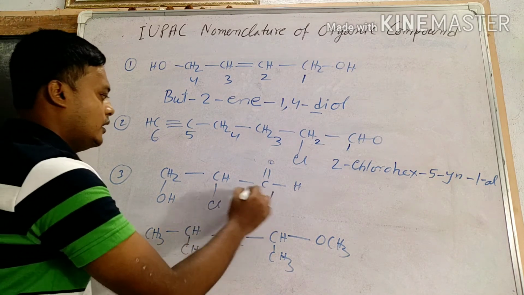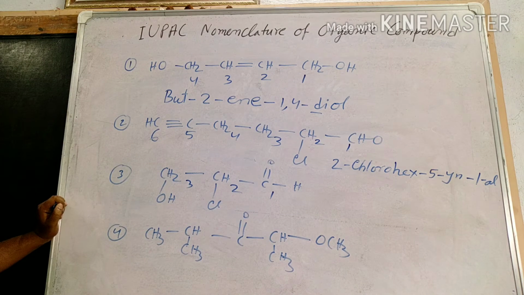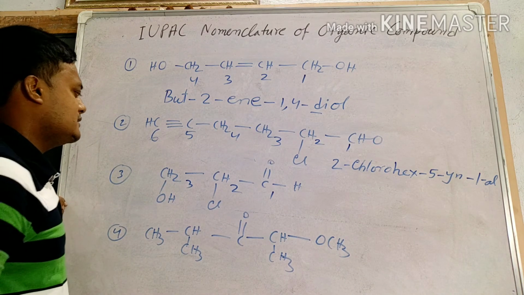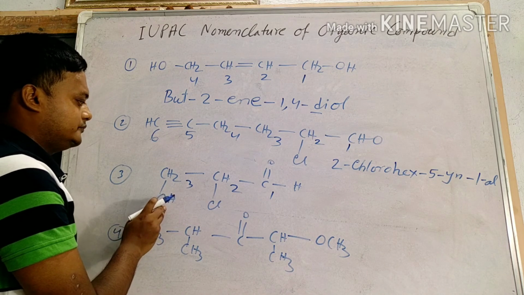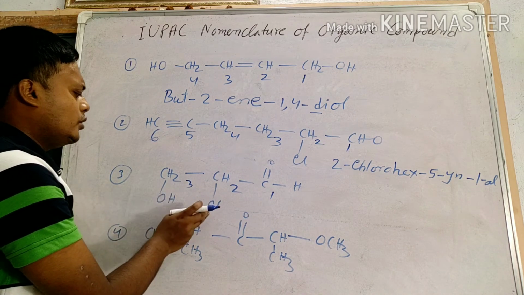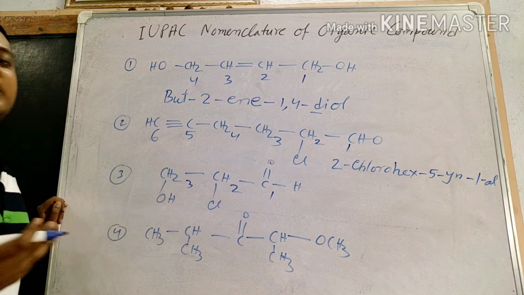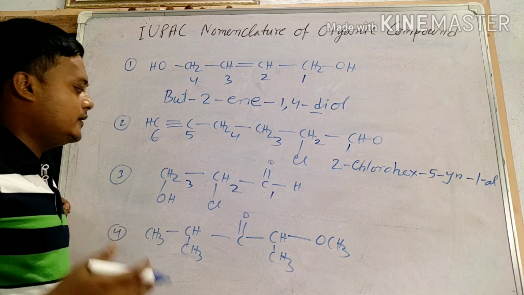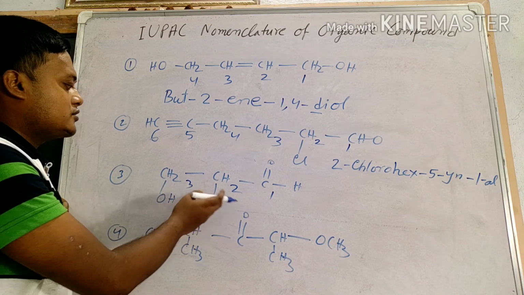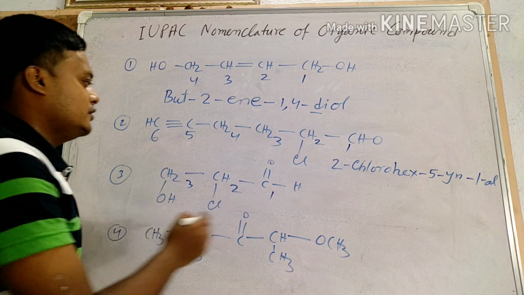Third one, 1 2 3. In this case there are 2 branchings, Cl as well as OH. Chloro is C and hydroxy is H. If there is more than one branching, then we have to follow alphabetic order. So first C, so first we write chloro, then hydroxy.